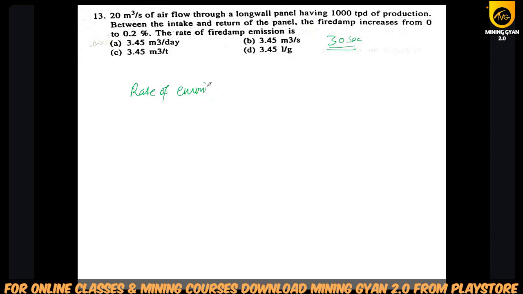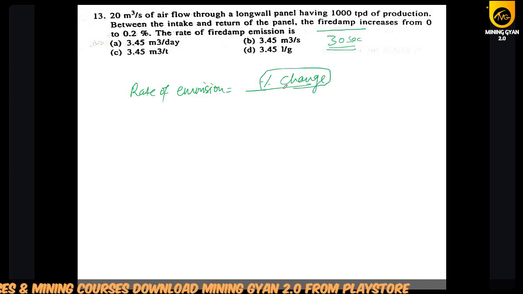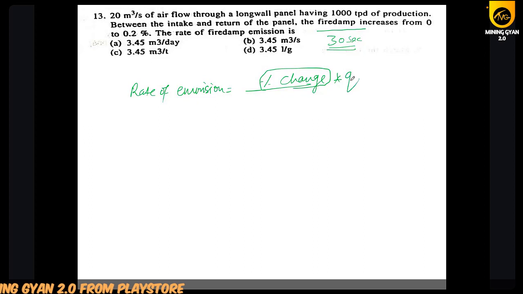Between the intake and return, the fire damp increases from 0 to 0.2%. So you have to find the percentage change and multiply with your Q, which will give you the rate of emission.